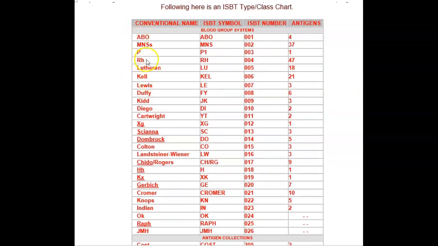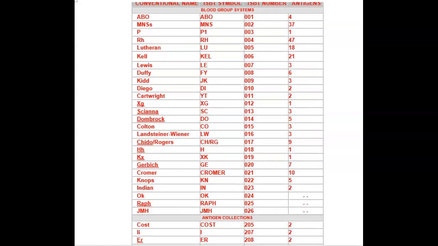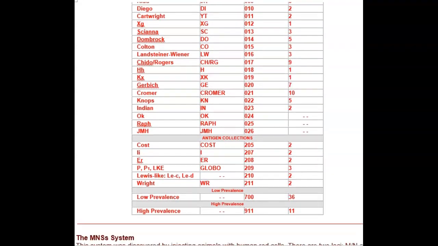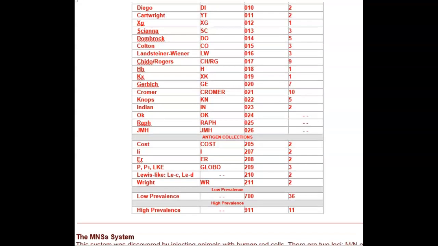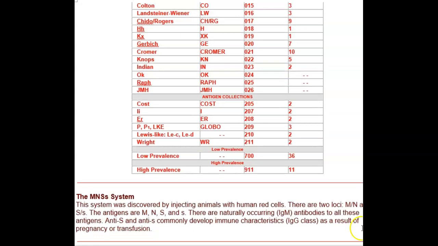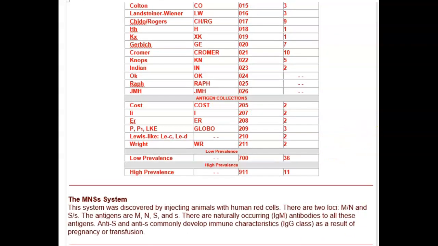Here's our Rh positive and negative. Others they found through giving transfusions that they thought were supposed to work, but they didn't. Look at this. All these different systems. So blood type is actually very, very complex.